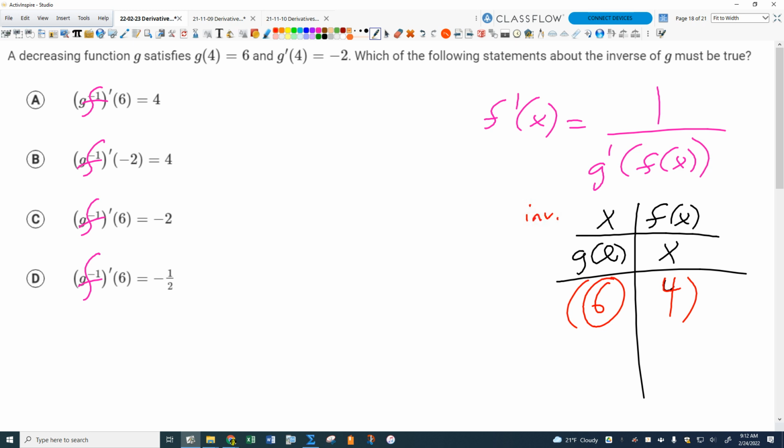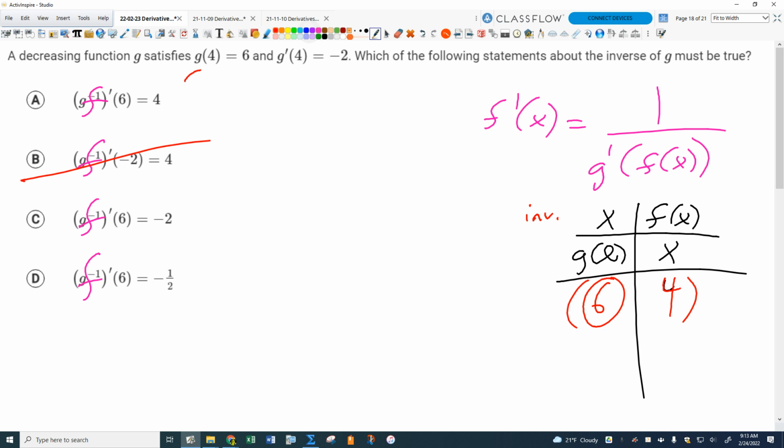This is actually our inverse row, isn't it? Remember that. It was backwards. That's what's confusing. That's what got me a second ago. f is the inverse and g is our original function this time, right? So this is the inverse row. We want to be inputting a 6. So it's either A, we can just cross that guy out. It's either A, C, or D, right?